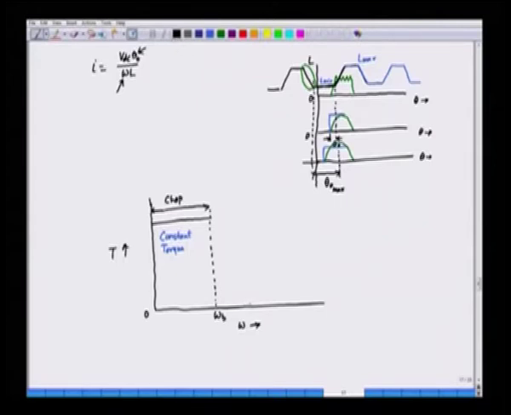Then we go for advance angle control, where theta naught is increased, and we enter into constant power mode. And this mode is called advance angle control or theta naught control, and this is known as constant power mode.